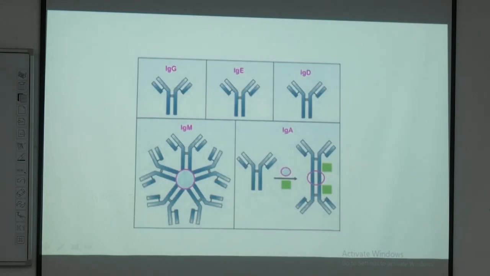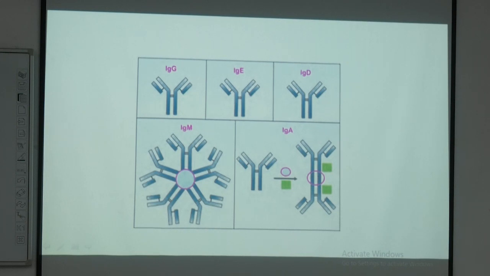Now we come to the different classes. Here we can see G, E and D. They generally exist as monomers. And IgM exists as a pentamer. So in IgM, how many polypeptide chains will there be?